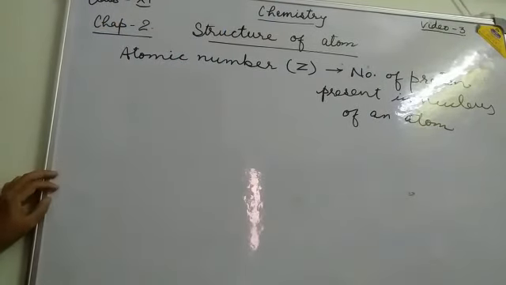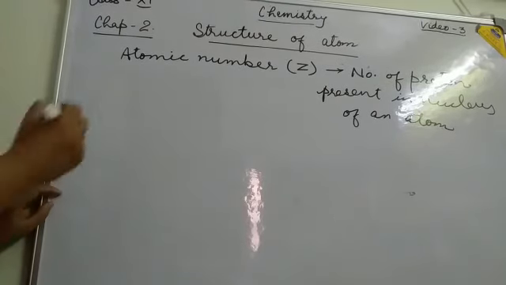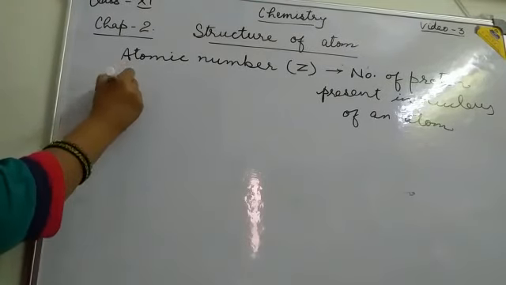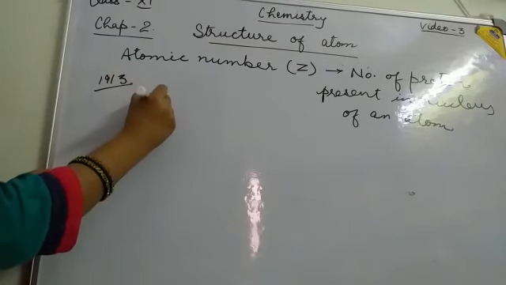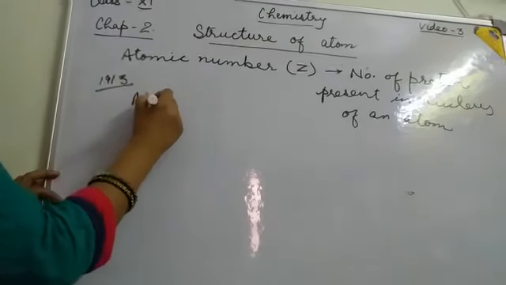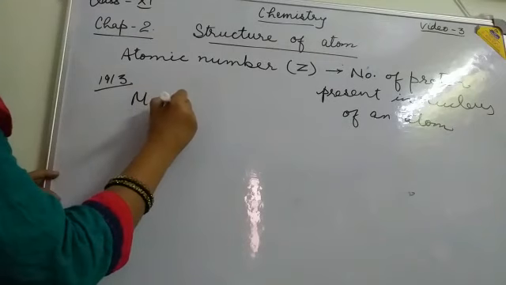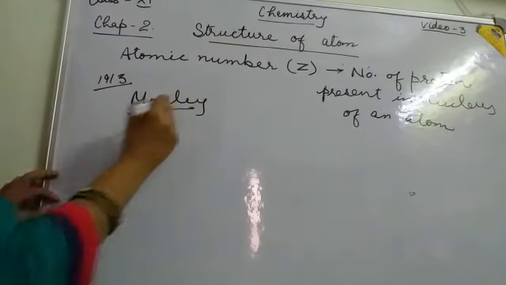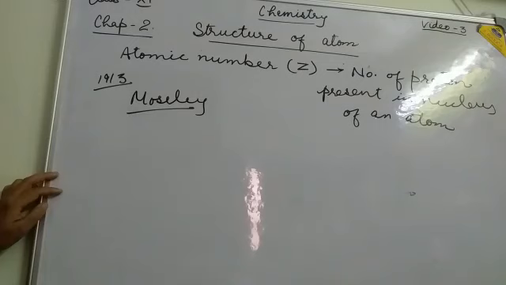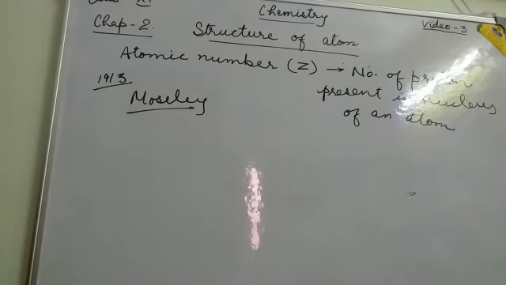This atomic number was proposed by Henry Moseley in the year 1913. Scientist Henry Moseley, you all know well, Moseley formed the modern periodic table.